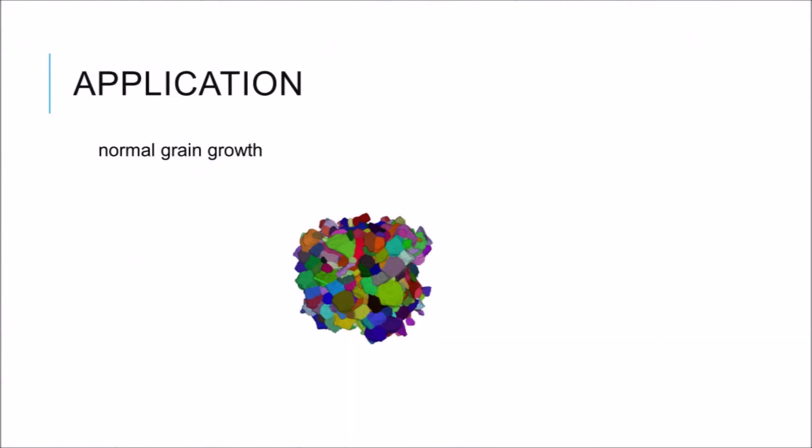Now, to what problems can we apply this? Of course, we can start with the simplest way. Let's simulate normal grain growth, for example, where all boundaries have the same properties. This is a very good test case if you want to compare your simulation with existing analytic theories.